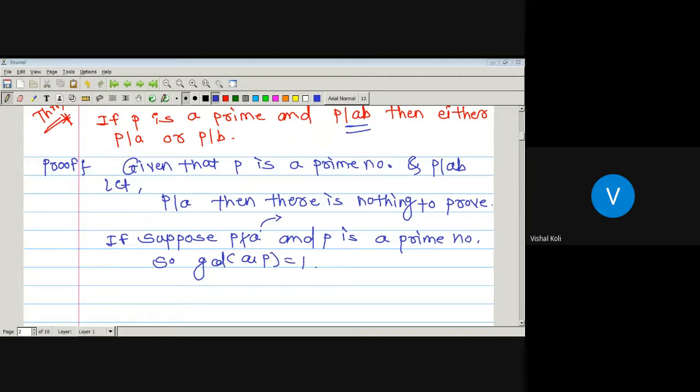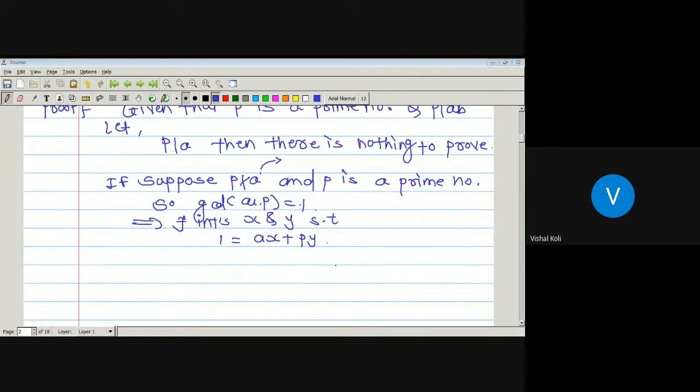As we know that there is one result. If d is a GCD of a and b, then d is nothing but ax plus by. Or if there are two integers a and b, then they are said to be relatively prime if and only if 1 is equal to ax plus by. As here GCD of a and p is equal to 1, it means they are relatively prime, which implies there exist integers x and y such that 1 is nothing but ax plus py, which is by the previous theorem or result.